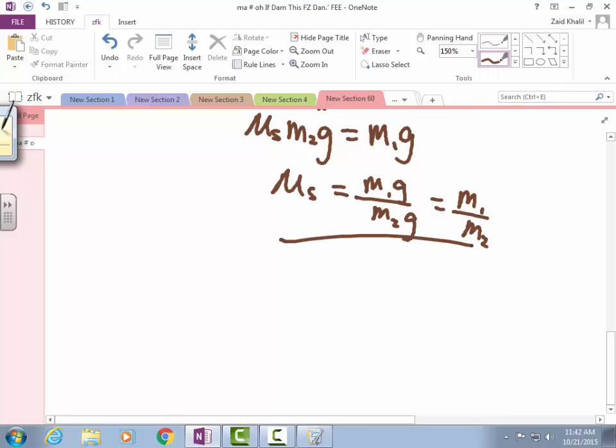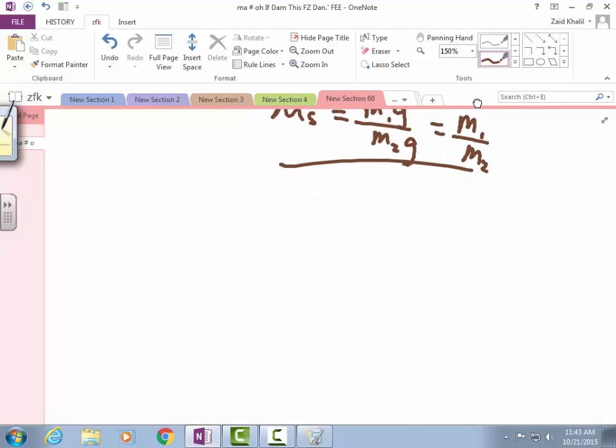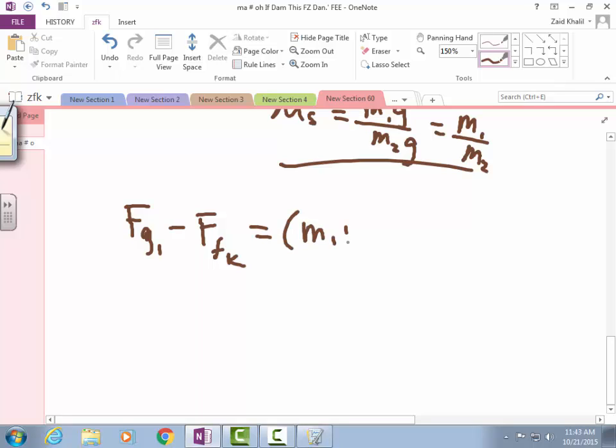So now we go to the third case. And what's the third case? There's kinetic friction. So in the third case, we have Fg1 minus Ffk is equal to (M1 plus M2) A. Right? Solve for A1.